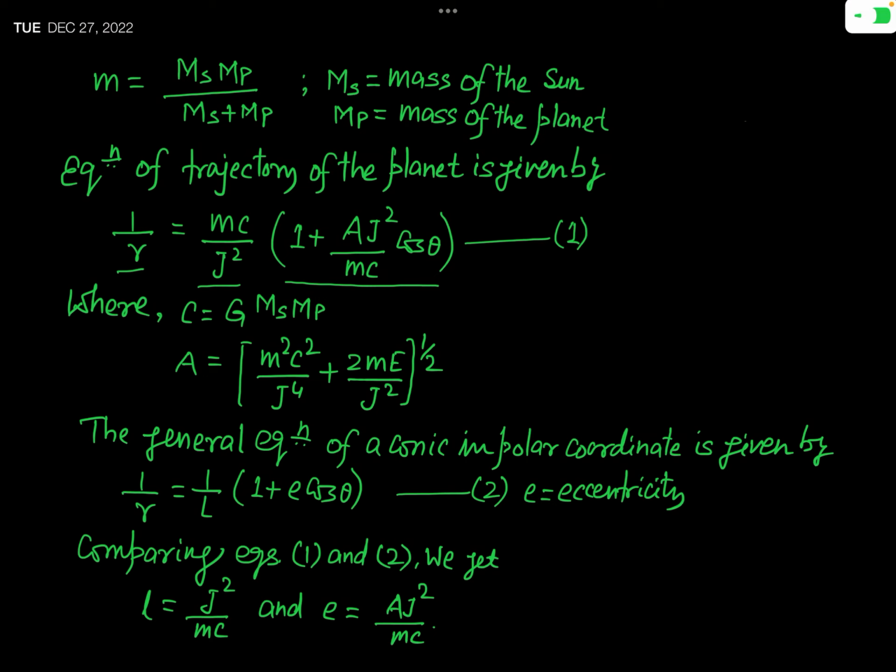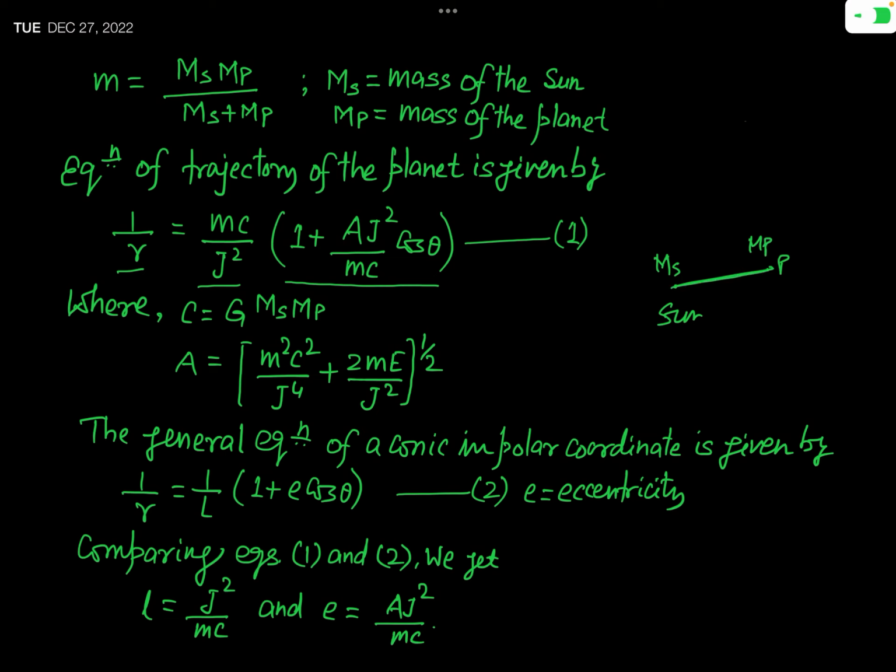In fact, in this problem, there are two bodies. First one is the sun, and another is our planet. Okay, so you can say that this sun, which has, let us consider, mass ms, and the planet which has mass, let us say, mp, this is just a two body problem.